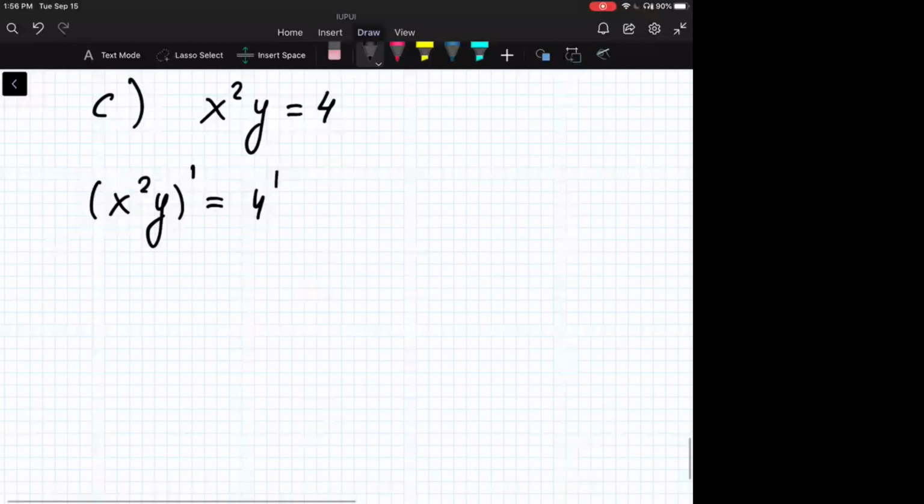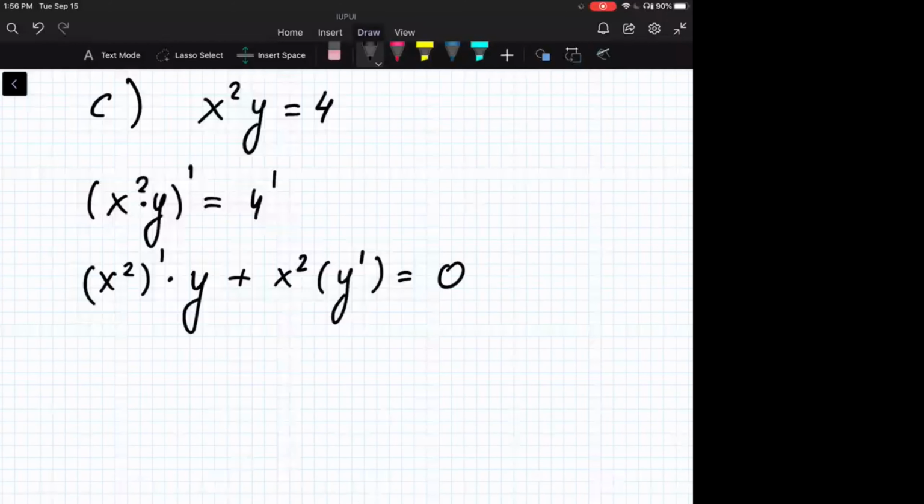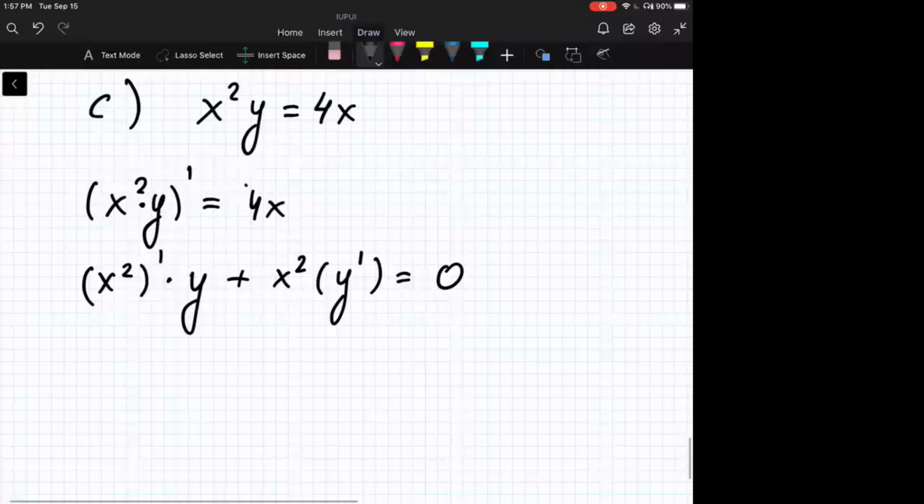And again, I have a product of two functions, x squared and y. And by the product rule, it is the derivative of the first times the second plus the first times the derivative of the second. And on the right hand side, I have 0. Let's slightly modify it, so I get, say, 4x on the right side.